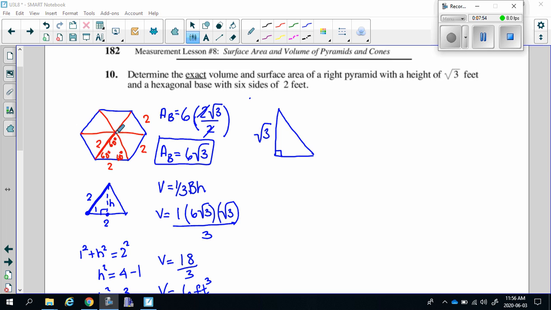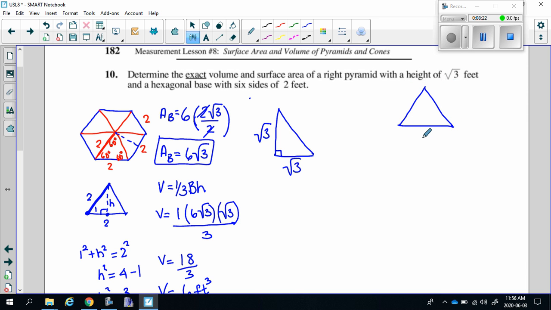All right, so if this is my height, this is my face, I know this length right here, which was √3. Okay, so now what I can do is I can find this hypotenuse right here. Okay, so this is going to be the face of the pyramid.